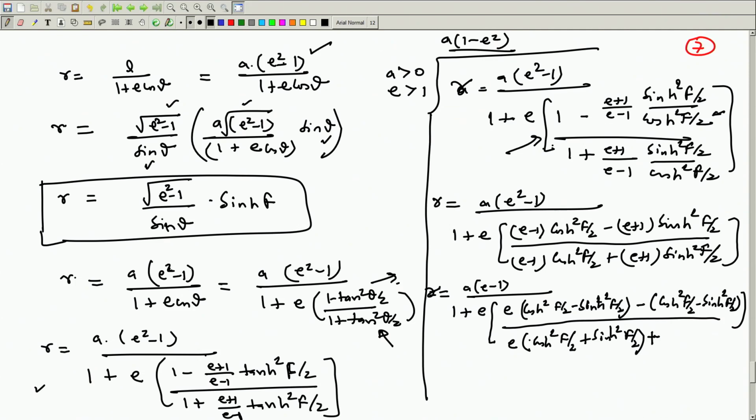then plus, or we can write even in terms of minus here, minus cos hyperbolic square f by 2 and minus sin hyperbolic square f by 2.